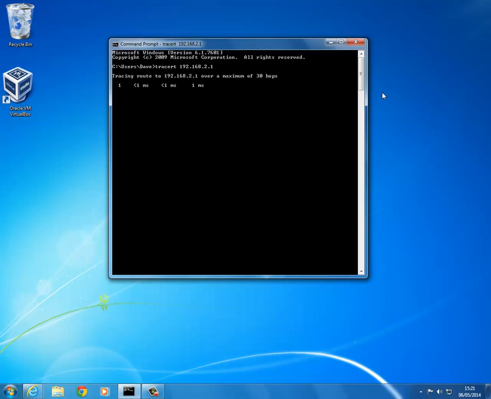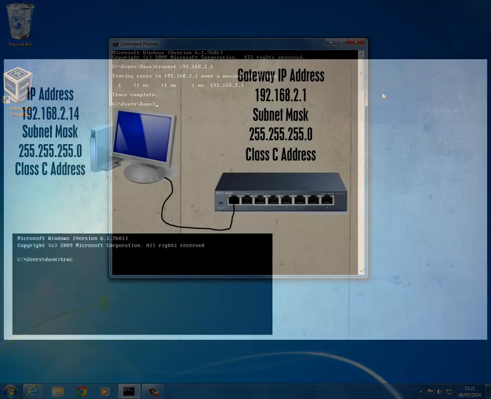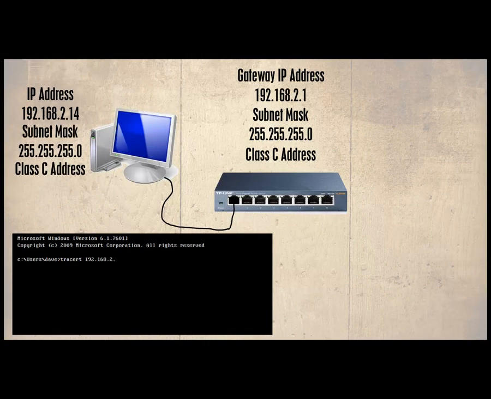Let's return to our diagram. When we typed in tracert 192.168.2.1, a packet of data was dispatched from our host to the destination 192.168.2.1. When the router received the packet, it sent back an acknowledgement, and we could see the command was successful. This means the packet visited only one host, which was the target itself.